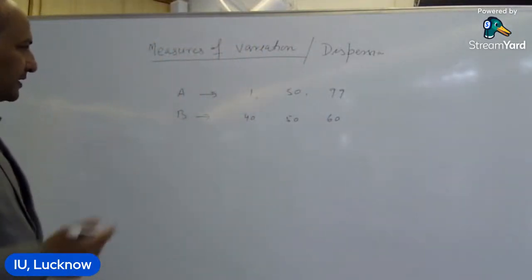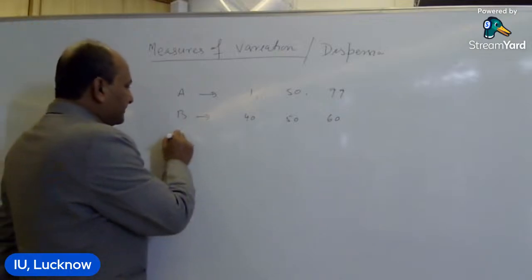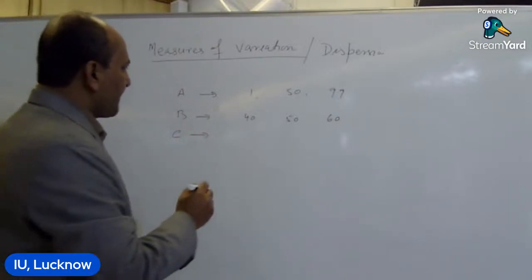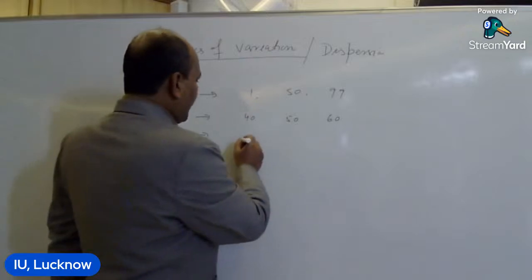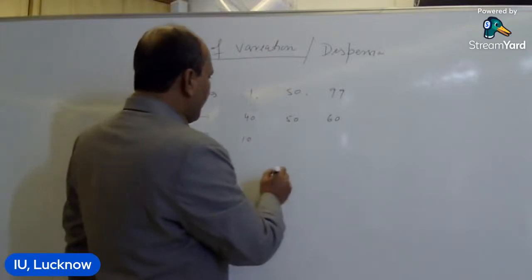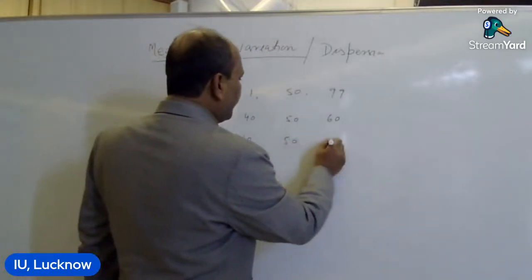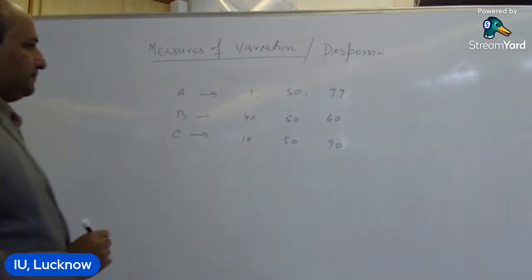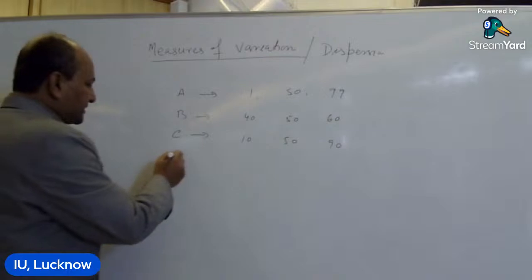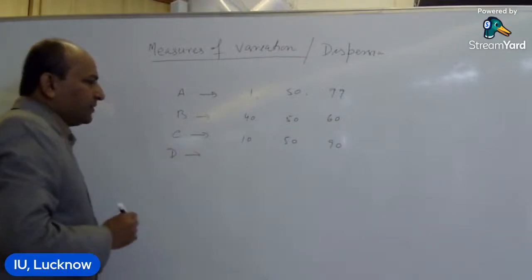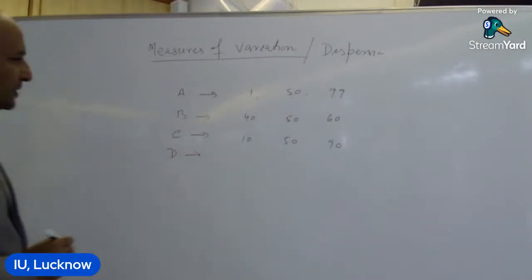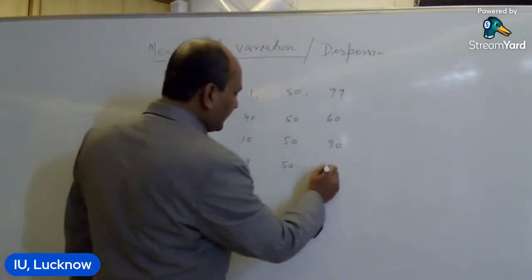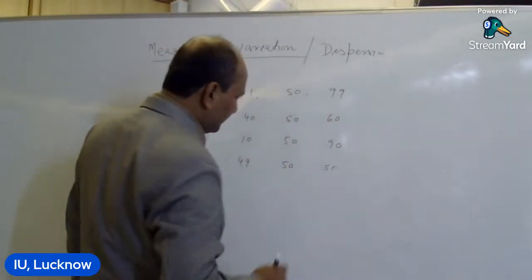And also take another set of data, that is 10, 50 and 90. Let us take some more observations, 49, 50 and 51.